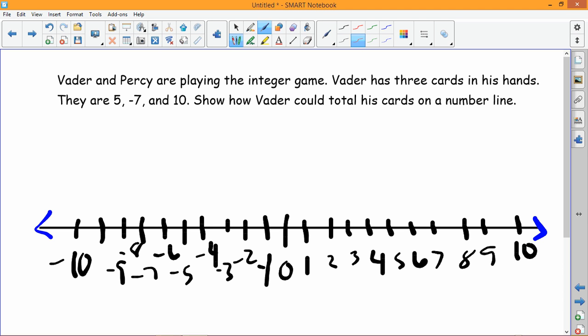If I know that I have positive 5 and I know that negative 5 gets me back to 0, the difference between a negative 5 and a negative 7 would be 2 numbers. So I'm going to be at negative 2.